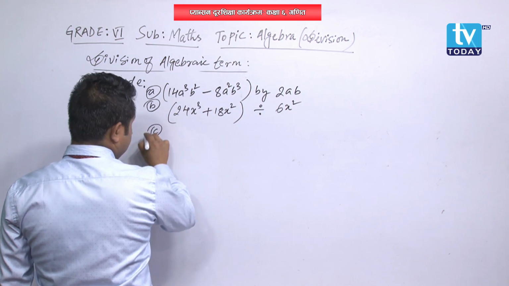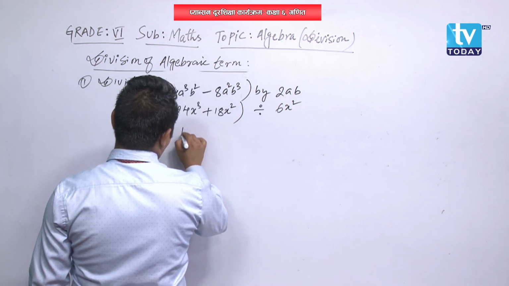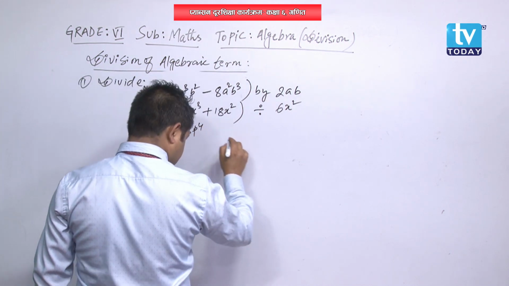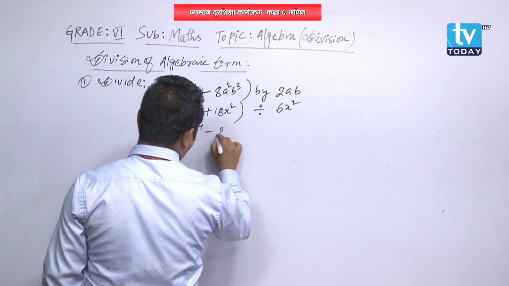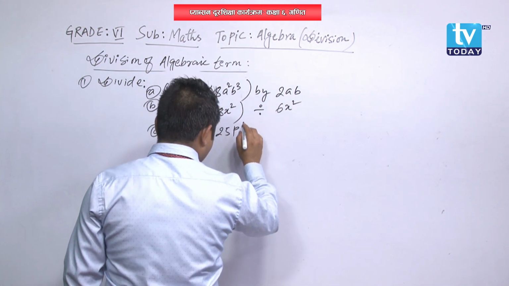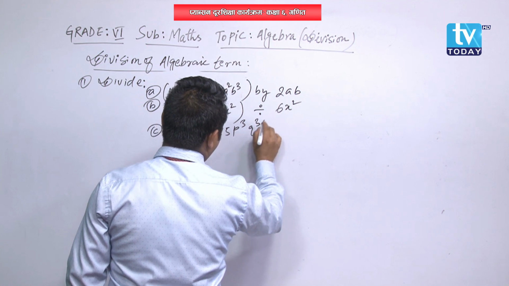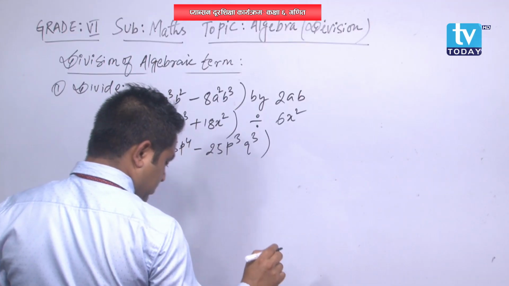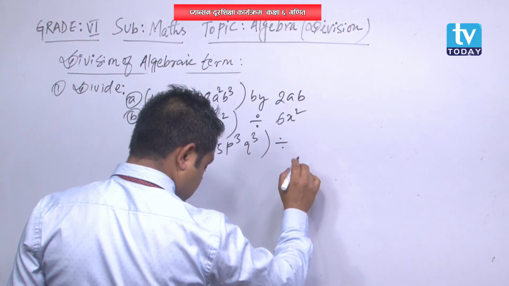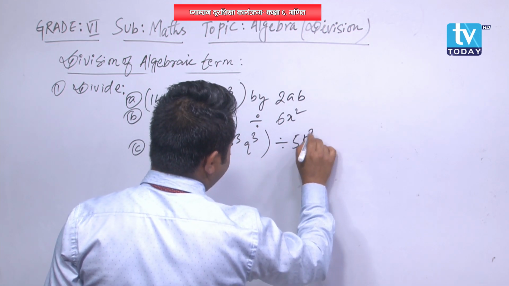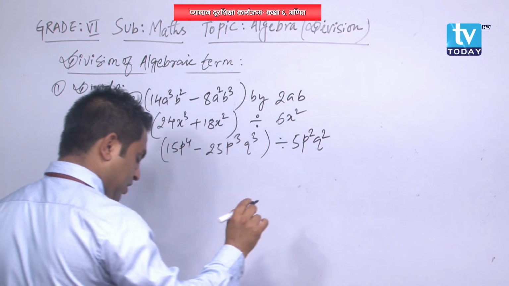Number C, 15 p to the power 4 minus 25 p q to the power 3 divided by 5 p square q square.